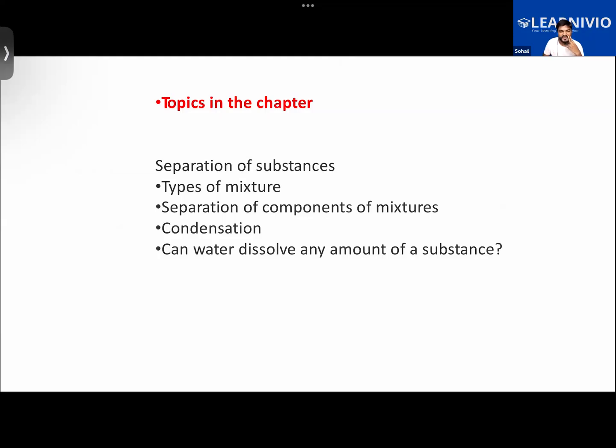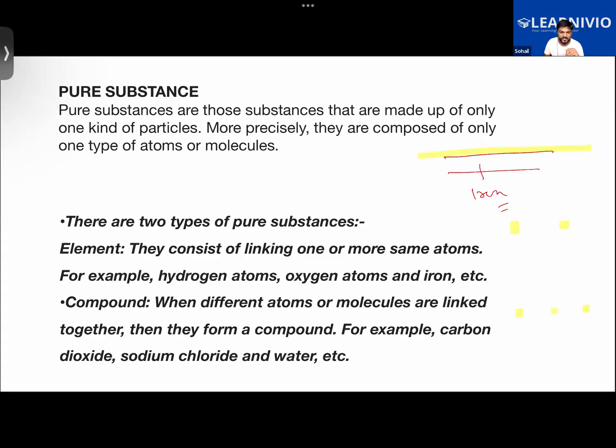Very good. Or for example a piece of iron or copper or salt, right? Sir, glass, we can take that too. So they are made up of only one type of atoms and molecules. They are called pure substances.